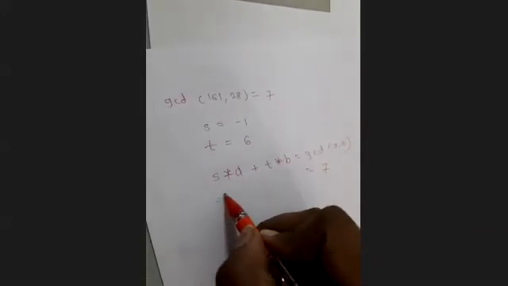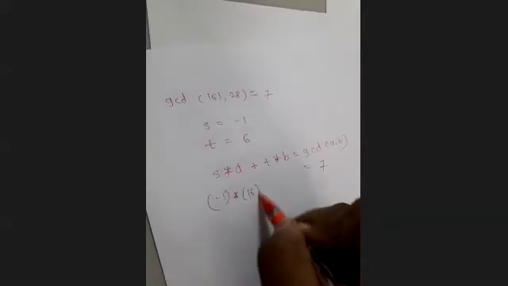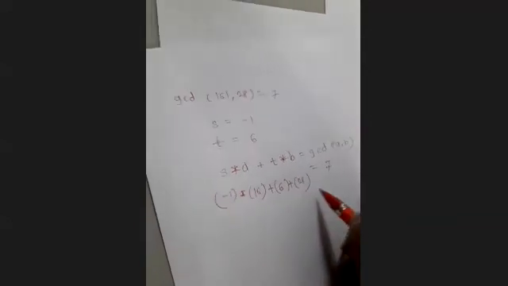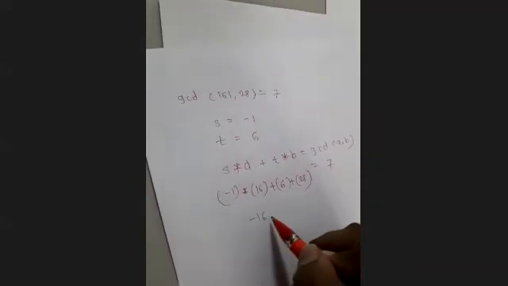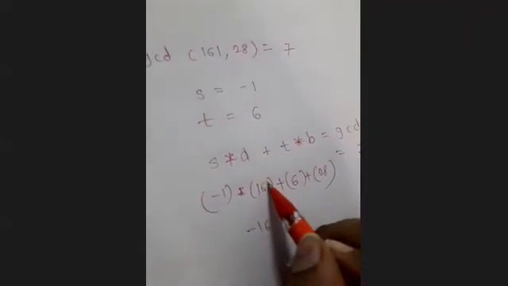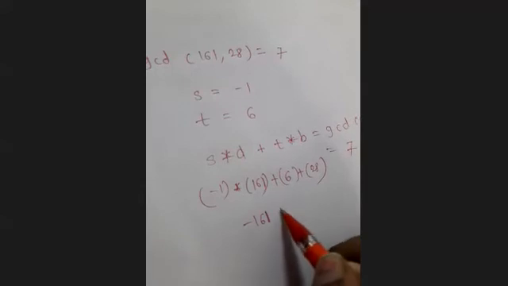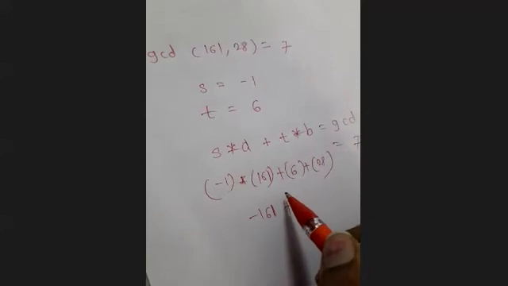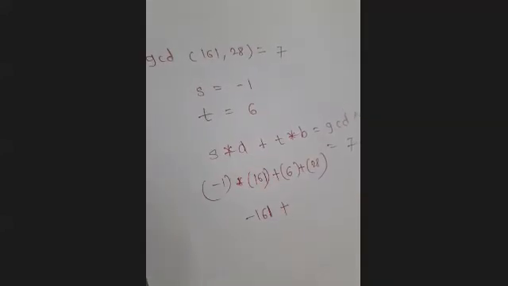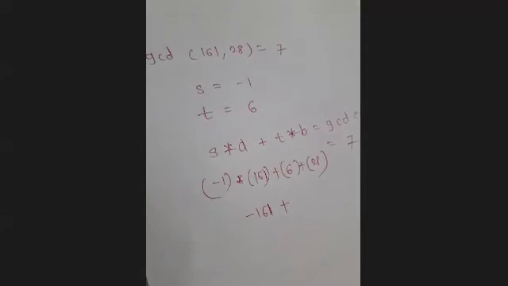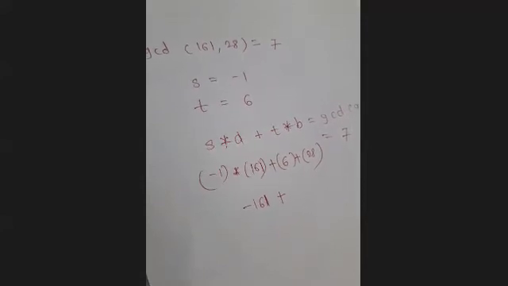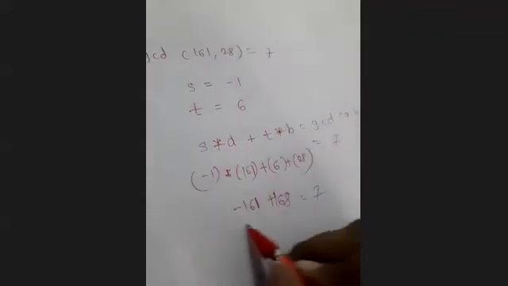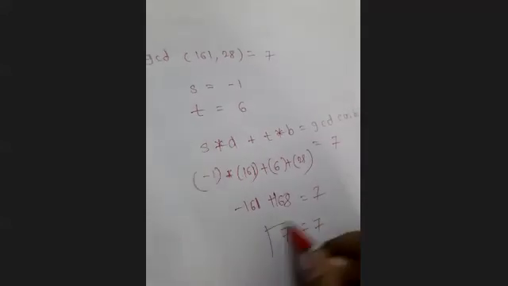S value is -1 into A which is 161, plus T value which is 6 into B which is 28. So -161 plus 28 into 6, how much does it come to? Let's see. 168, right. Equals 7? Yes, 7 equals 7. So this proves it.